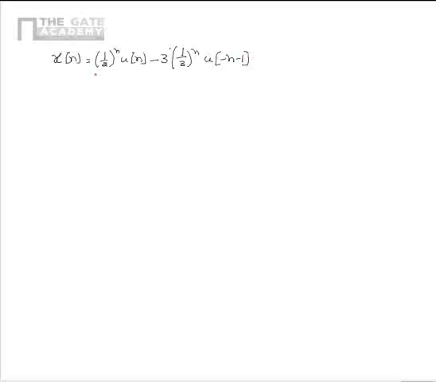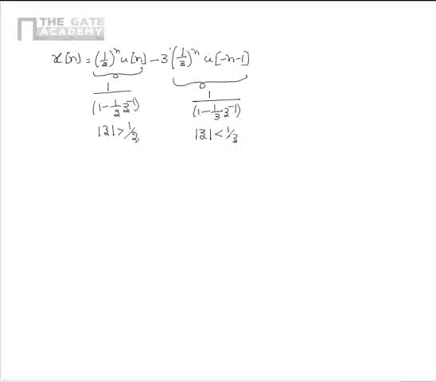Here the Z transform of (1/2)^n u[n] is 1 by 1 minus 1 by 2 z inverse along with the ROC of mod z greater than half, and the Z transform of minus (1/3)^n u[-n-1] is 1 by 1 minus 1 by 3 z inverse with an ROC of mod z less than 1 by 3.